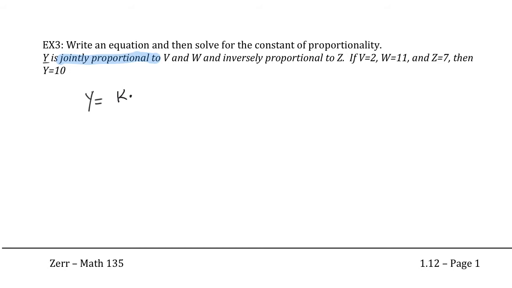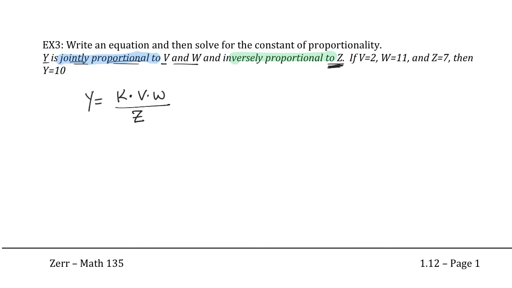The two things being multiplied are what comes next, V and W. So V times W. That's what joint proportions mean. Inversely, okay, I see that and I know I'm writing a fraction. What comes next is the denominator, inversely proportional to Z.